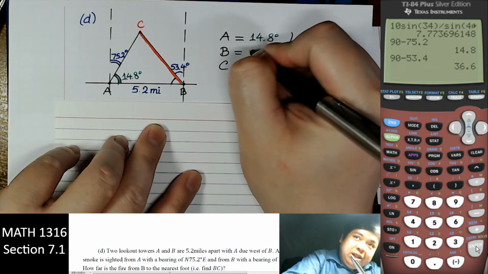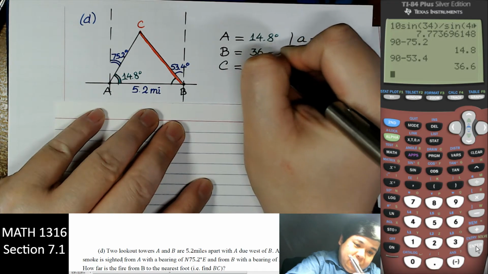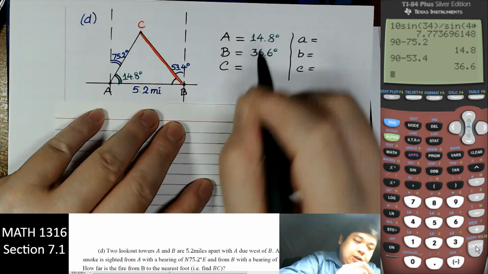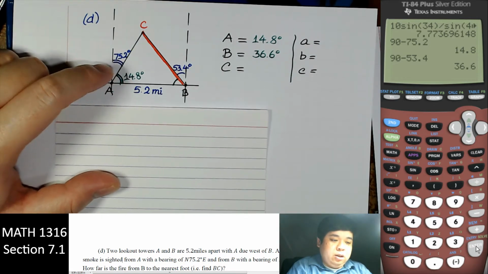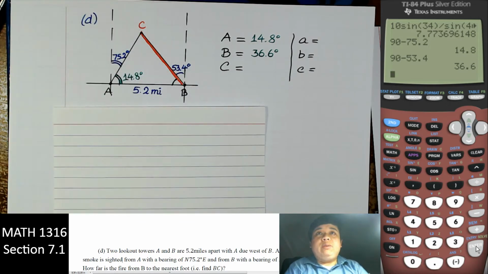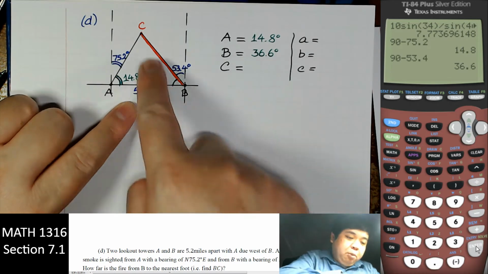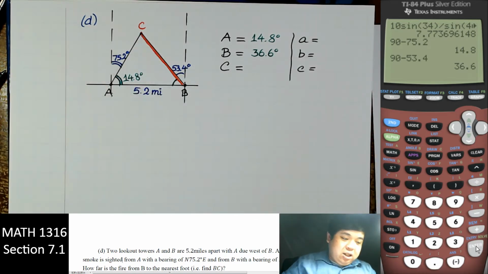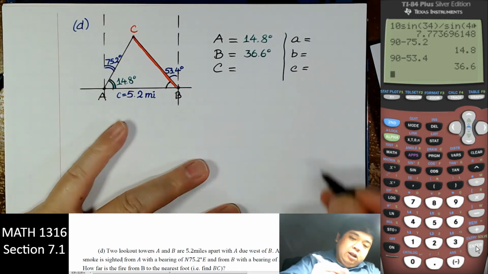That is angle B. And we know opposite to angle C is the side 5.2.